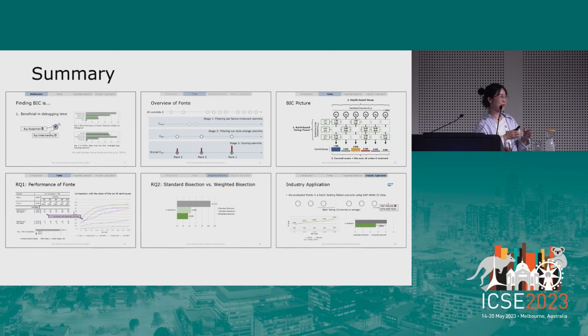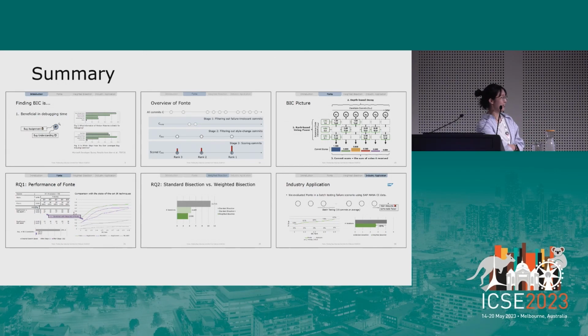And also by finding the BIC, you can increase the fault localization performance as shown in earlier work. So maybe they can collaborate as well.